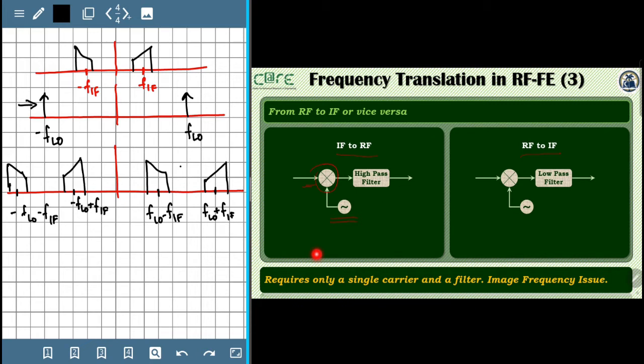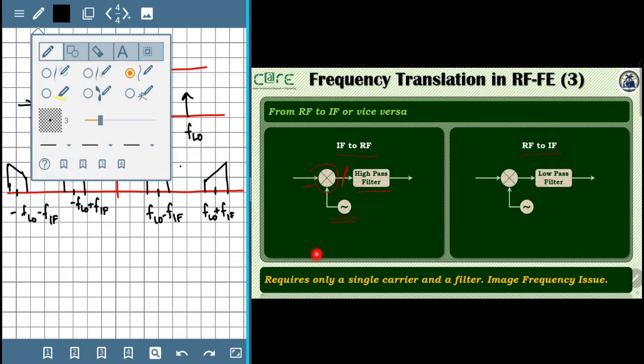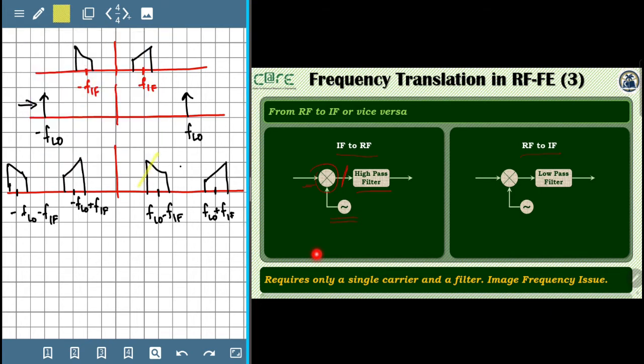So this is the signal spectrum at this stage. What you see next is a high pass filter. The high pass filter is intended to remove the frequency components. So these frequency components will be removed, and what we will be left with is as follows.